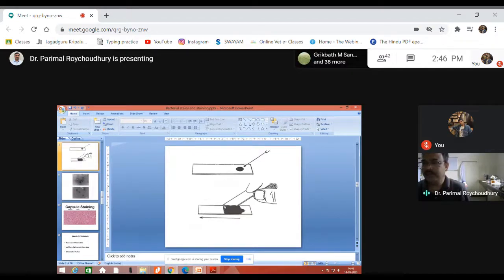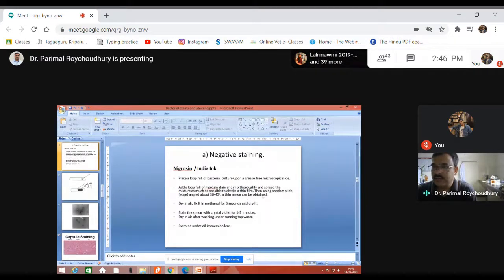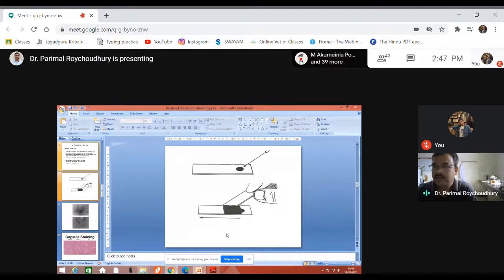Then very briefly, for 3 to 5 seconds, we fix the bacteria with methanol. After methanol fixation, to stain the interior of the bacteria, we can use a dye like crystal violet. Then we dry it again, wash it in tap water, and observe under the oil immersion objective.